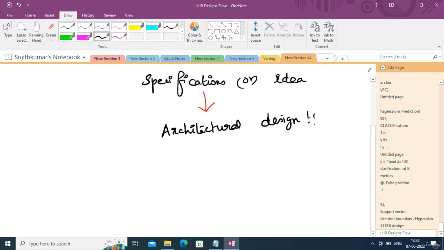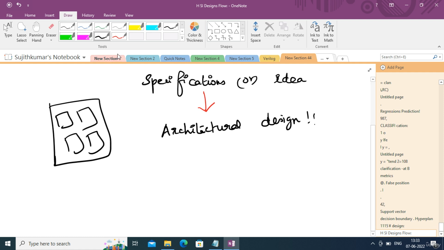We don't know anything. We know only the architecture, which means what are the blocks, the modules inside it. That's it. Let us say we have a microprocessor like this. What are the blocks inside it? What are the sub modules inside it? That is what we will know in this architectural design.